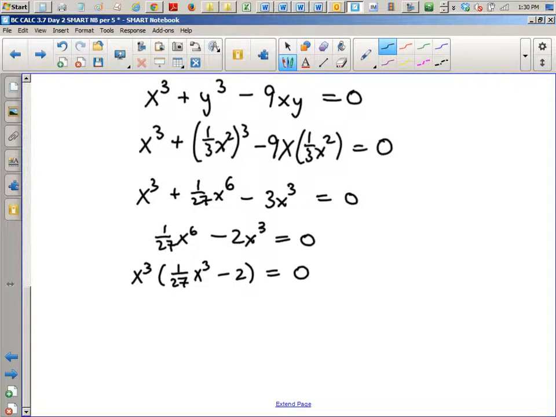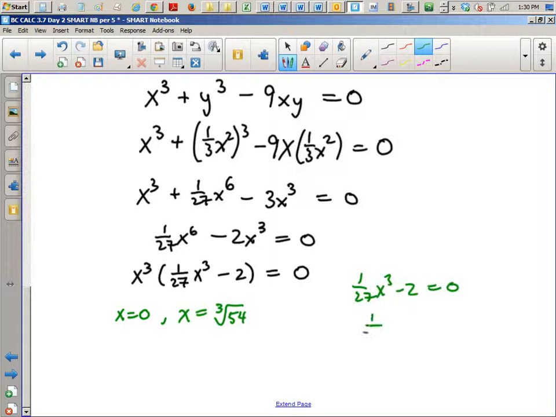And this isn't so very hard to solve. We have 2 possibilities. Either x is 0, triple root on that, or x is the cube root of 54. How did I get that? I just took 1/27 x cubed minus 2, set equal to 0.